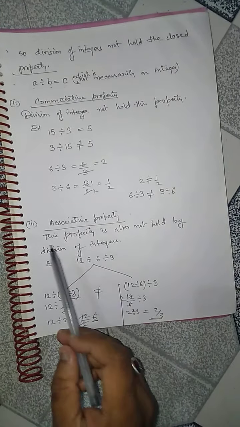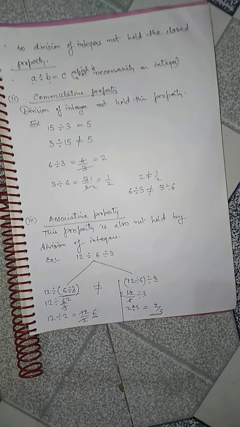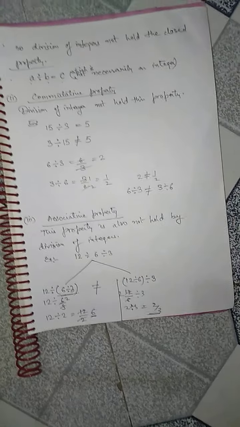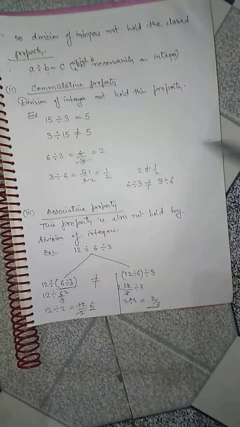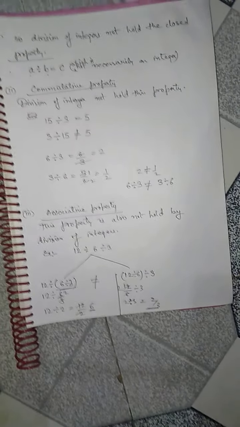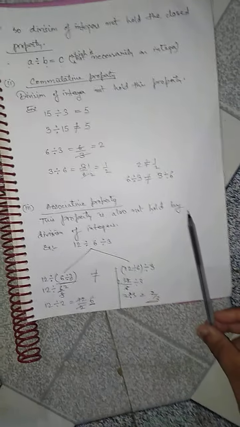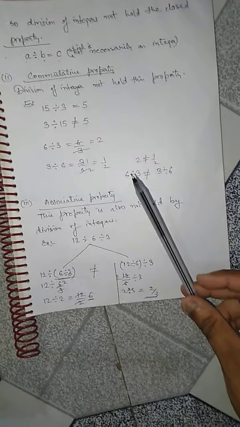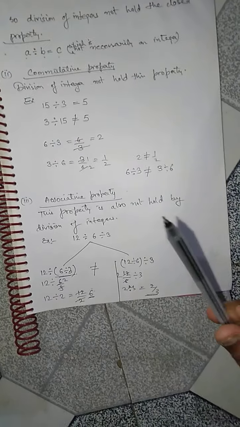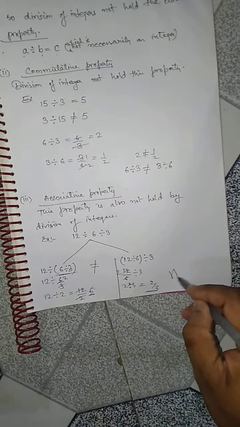That's why the associative property does not hold in the division of integers. Remember, the closure property, commutative property, and associative property only hold in addition and multiplication, not in subtraction and division. Okay, now your properties are complete.